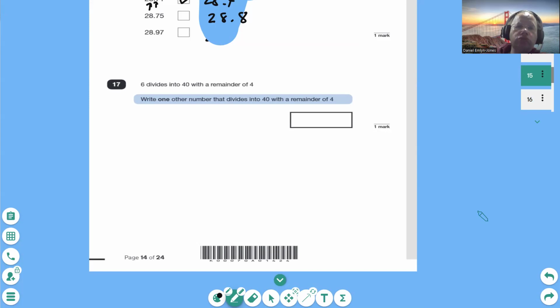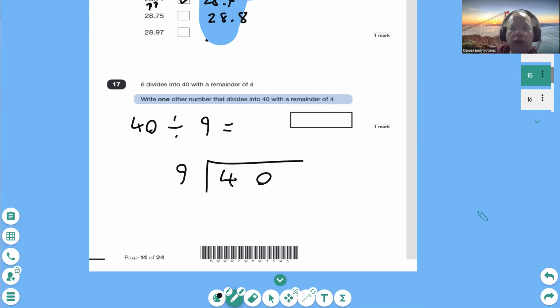9? Let's see. 40 divided by 9. 40 goes under there. 9 goes outside. 9 into 4, 0. 9 into 40 go 4. 4 9s are 36. And then remainder 4.